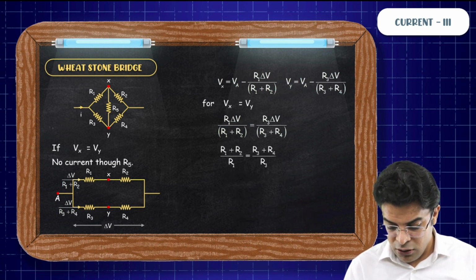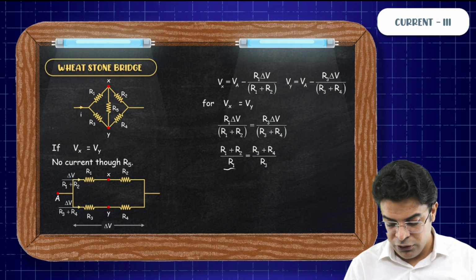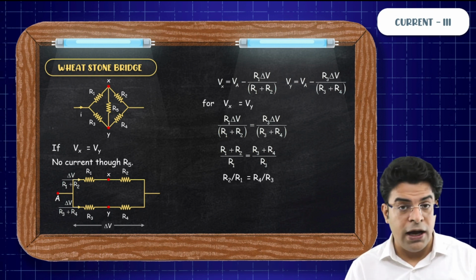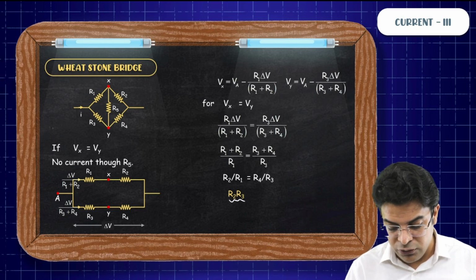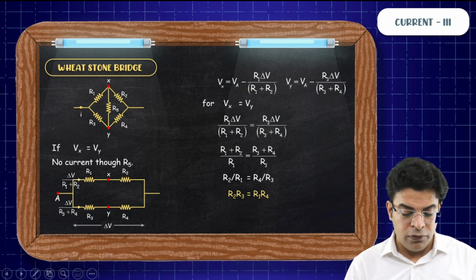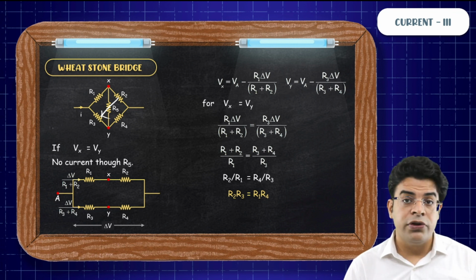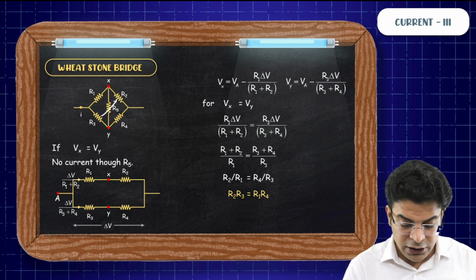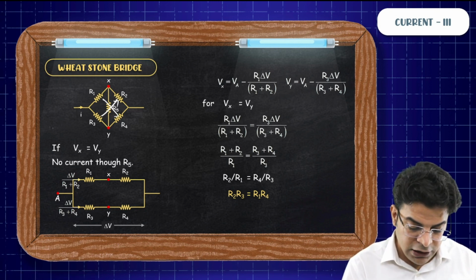So the condition is R2 into R3, the diagonal ones, equals R1 into R4.